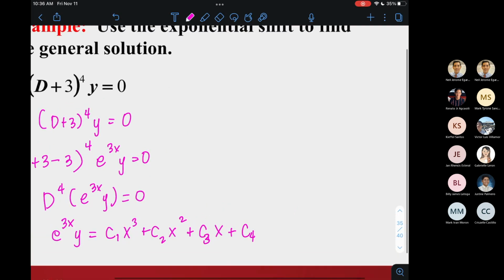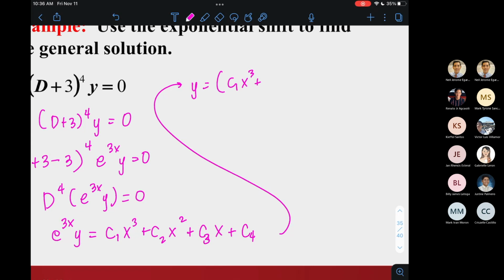And finally, to get an explicit solution, we just multiply both sides by e to the negative 3x. So we'll have y equals c1x cubed plus c2x squared plus c3x plus c4 times e to the negative 3x. And that is our general solution.